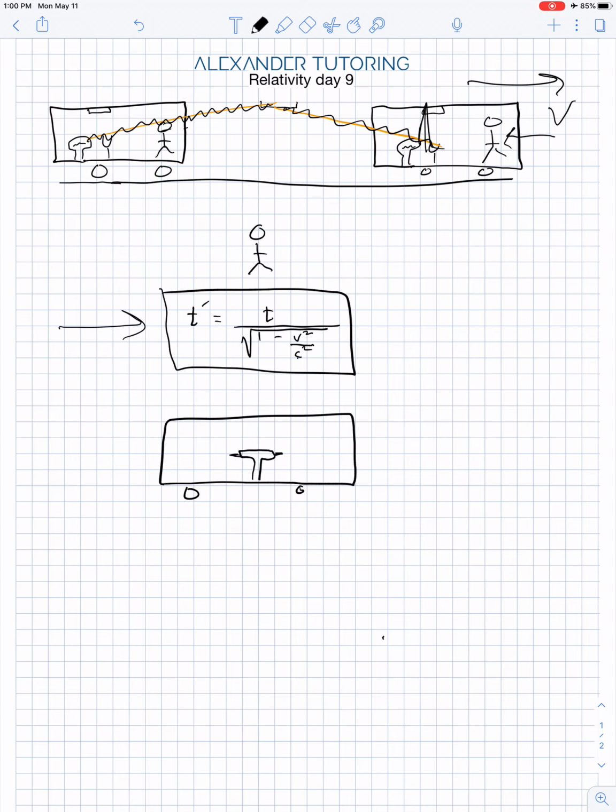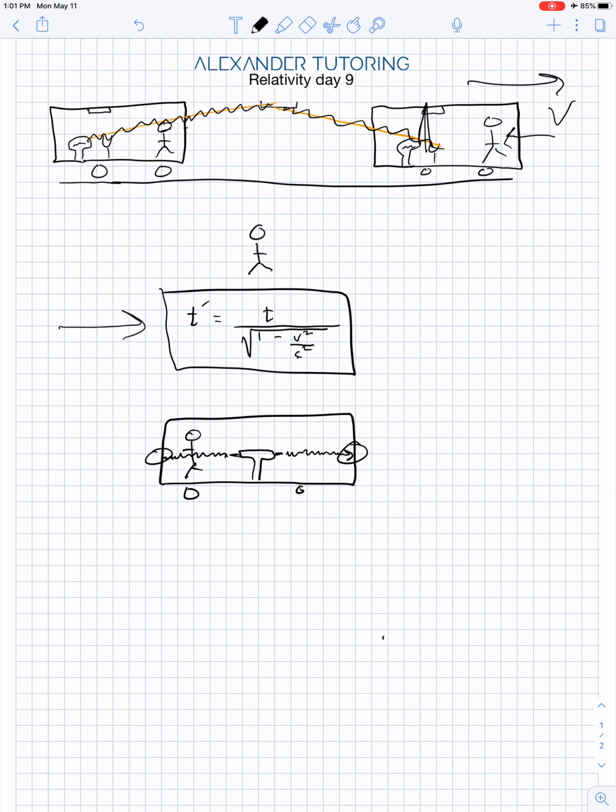The light's going to come this way, hit the front door, and come this way, hit the back door. So for the guy in the train, of course, he would see the light hit the front and the back at the exact same time, simultaneously, right? There would be simultaneous events of the light hitting here and here.